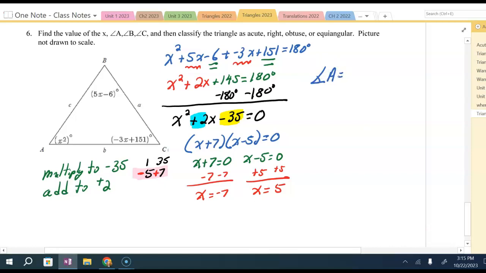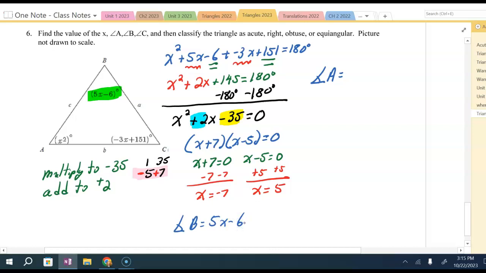So one thing I want to make sure you're clear about is angles always must be positive. So if we look at angle B for a second, 5x take away 6. So angle B is 5x minus 6.